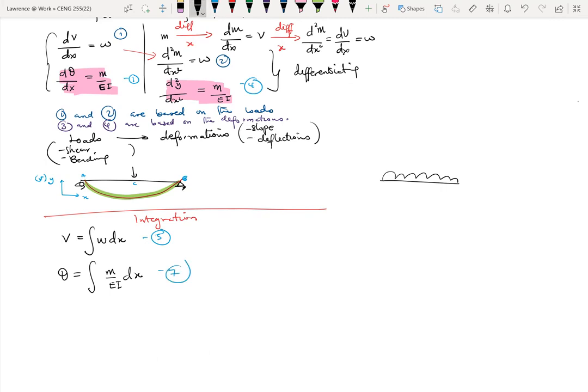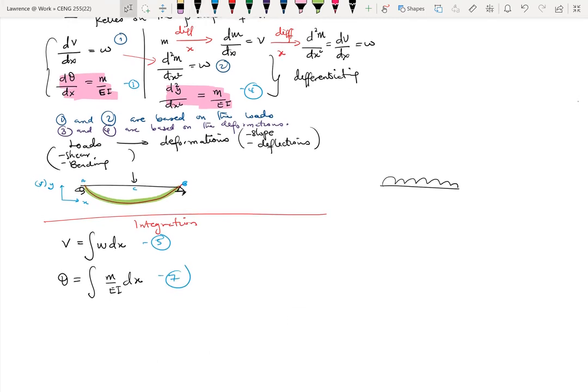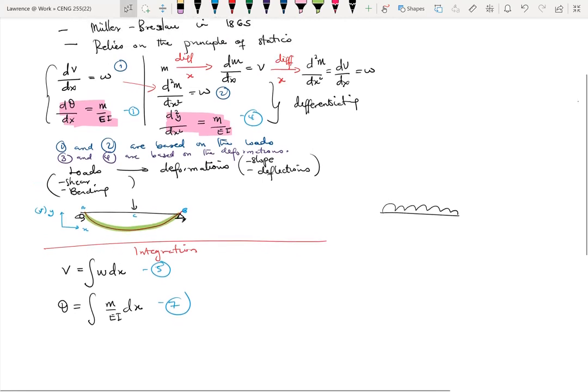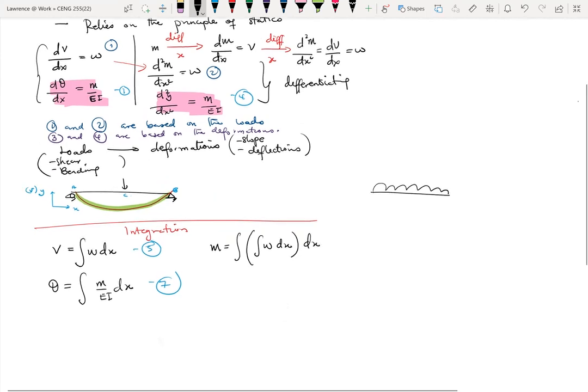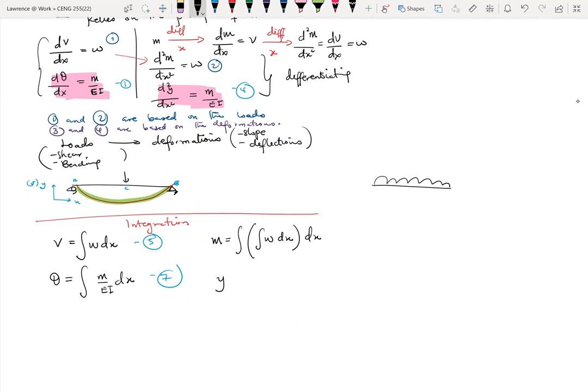Then if you do the double integration to get M, then it means that our moment M here is simply double integration of w dx. Okay. Then our deflection y, or some books will use small letter v, is equal to, again, double integration of M over EI dx.